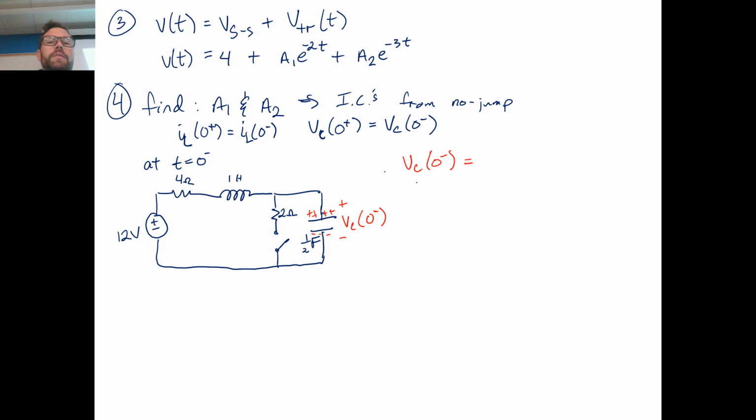If it's full, how about this? Let's talk about this. What about IL of 0 minus? Remember, if things have been in the conditions they've been in for a while, this is short-circuited, right? And the capacitor should be open-circuited, right?